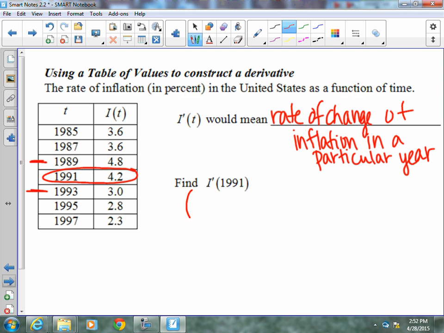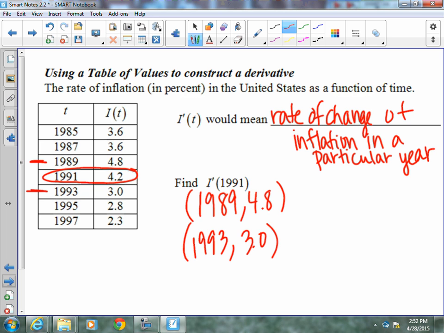So I'm going to be using 1989, 4.8, and 1993, 3.0, and I'm going to find slope.